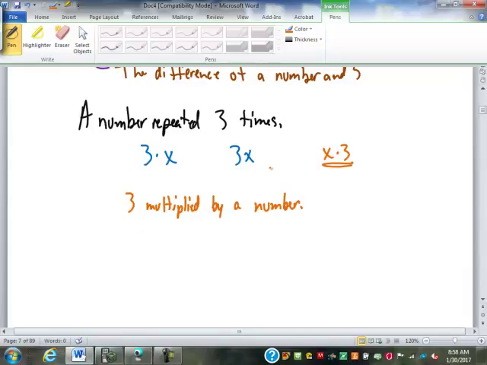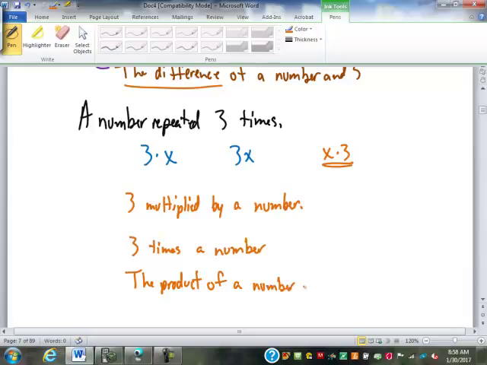Any others you can think of? Three times the number. Similar to the difference of, or the sum of, we have the product of a number and 3. So either product of a number and 3 or product of 3 and a number.